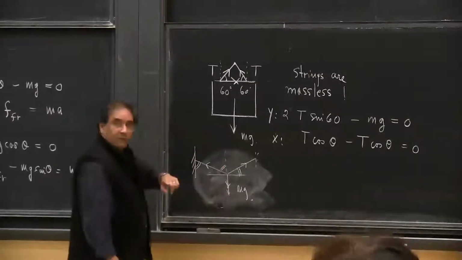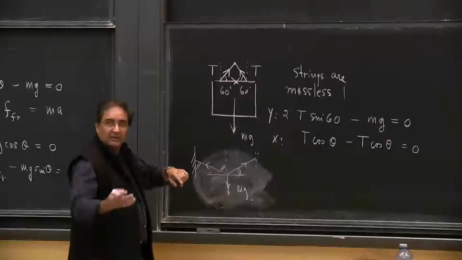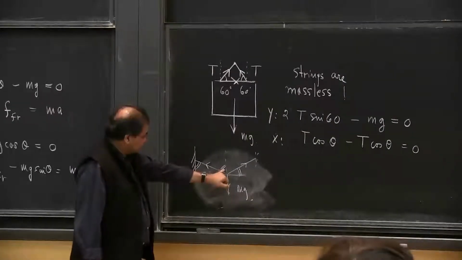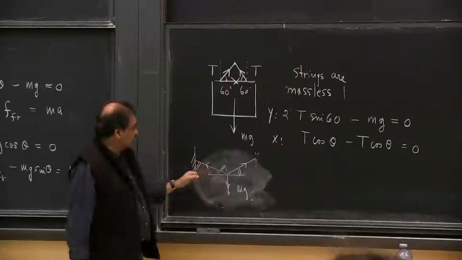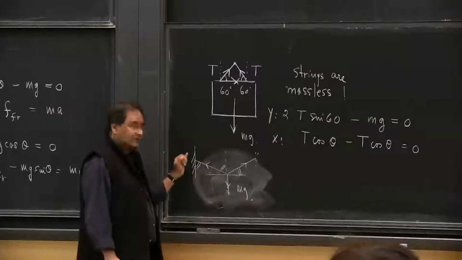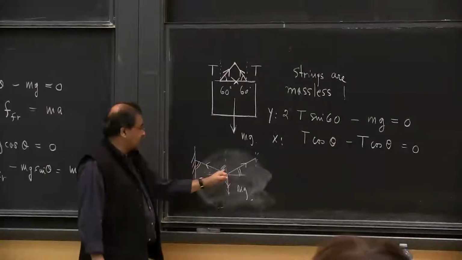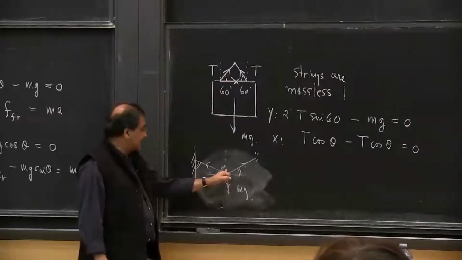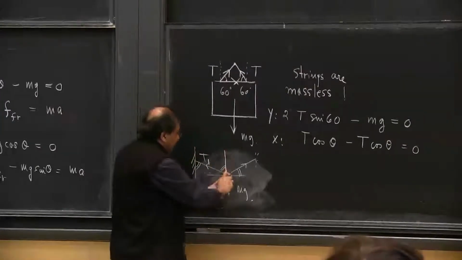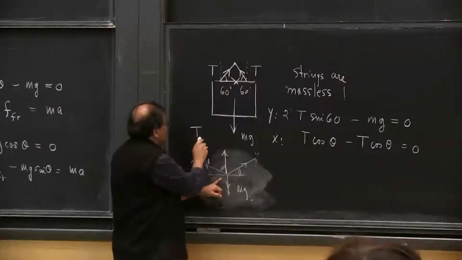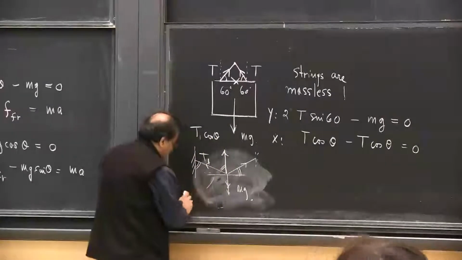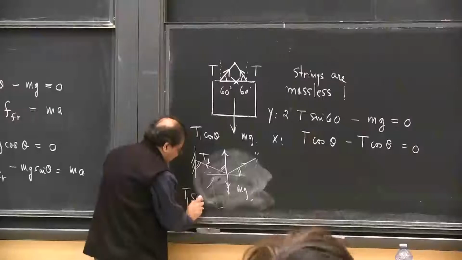The only thing in that problem you have to be careful about is that the angle given for the string on the left side is actually this angle, which ends up being that angle. So if you call it T1, and this is the angle given, then this is going to be your T1 cosine of theta, and that is going to be your T1 sine of theta.